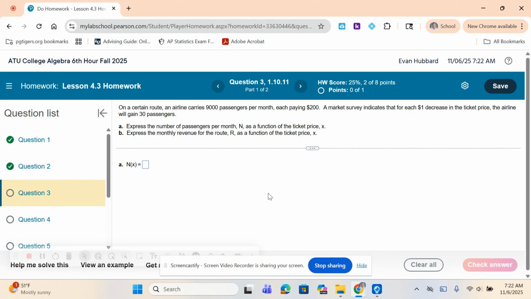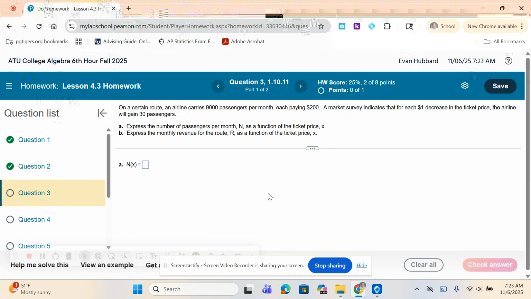So you've got 9,000 passengers, each paying 200, and a $1 decrease leads to gaining 30 passengers. Okay, so now we've got to do the amount per month.